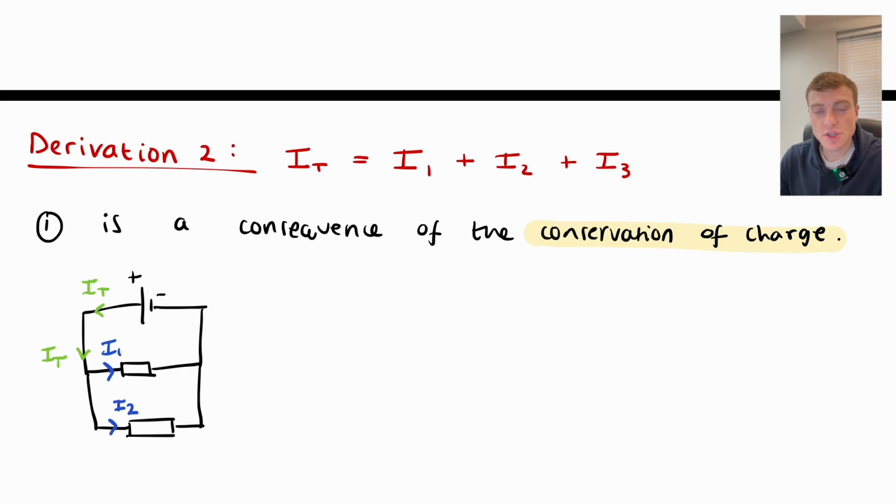And the conservation of charge says that the charge entering a junction must be the same as the charge leaving a junction. So we can say the total charge is equal to the charge in loop 1 plus the charge in loop 2.